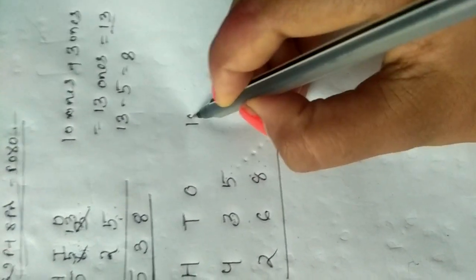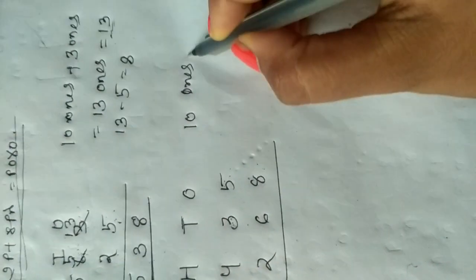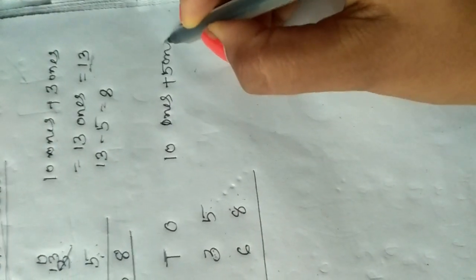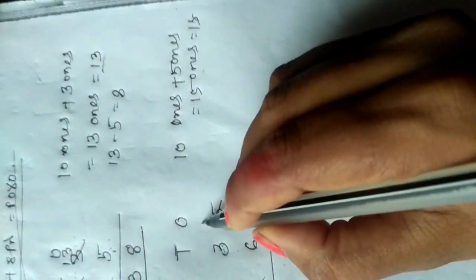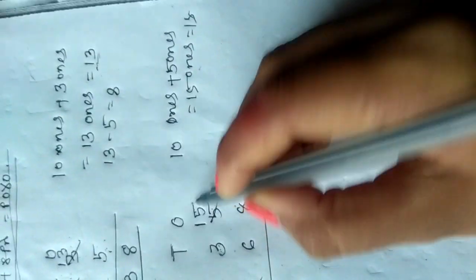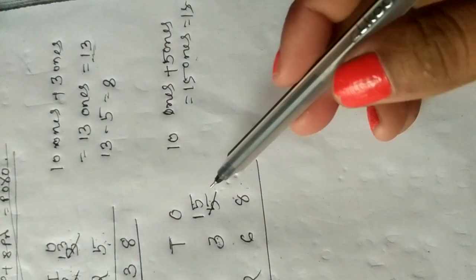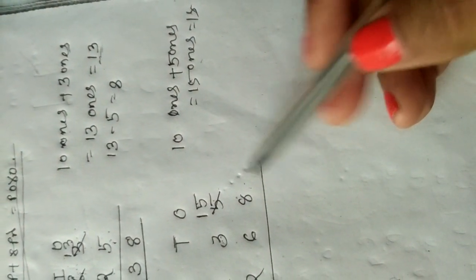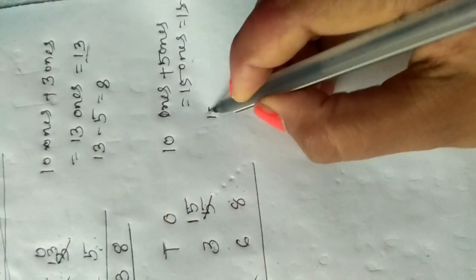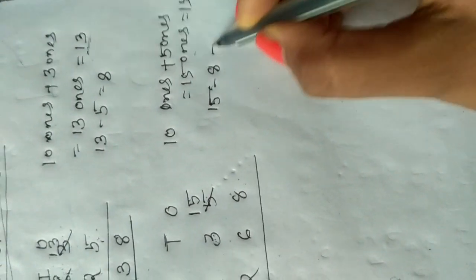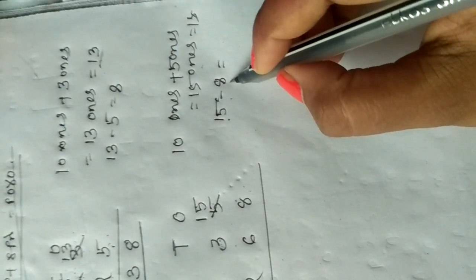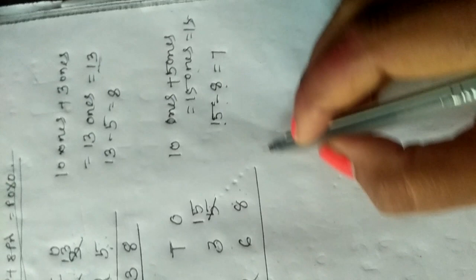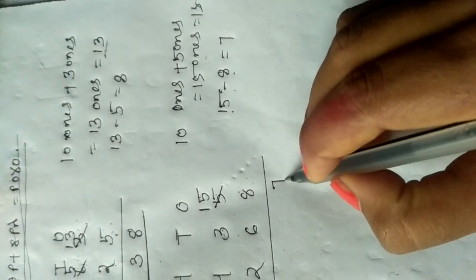We write 10 ones plus 5 ones is equal to 15 ones, which is 15. Then students, 15 is bigger than 8. Now we subtract 15 minus 8. So what is 15 minus 8? Yes, 7. So we write 7 in the ones column.